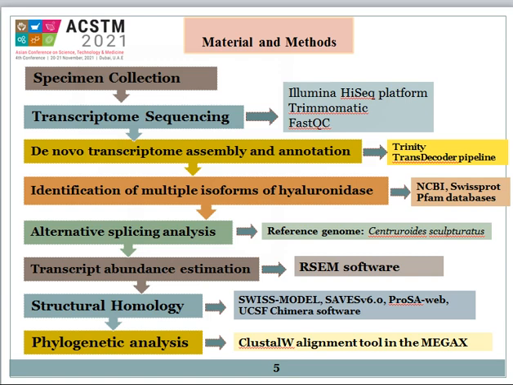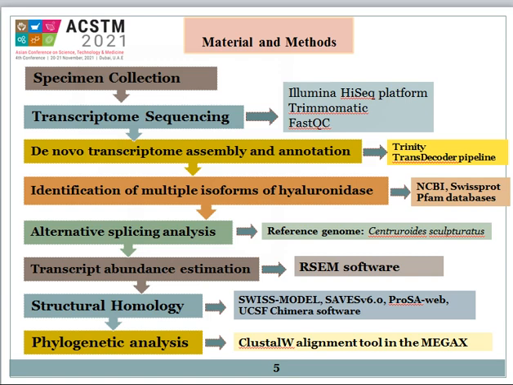After preparation of the cDNA libraries, the raw data were trimmed and quality assessed by means of Trimmomatic and FastQC programs. After that, the qualified reads were de novo assembled by use of Trinity software.